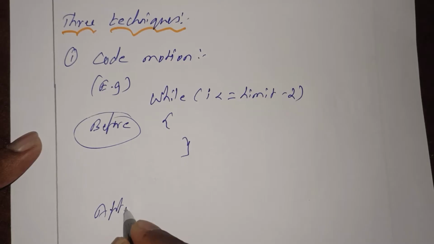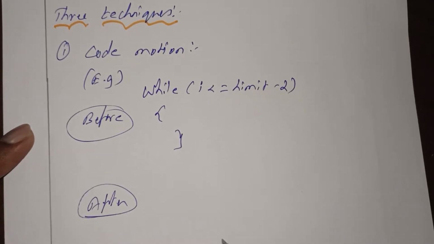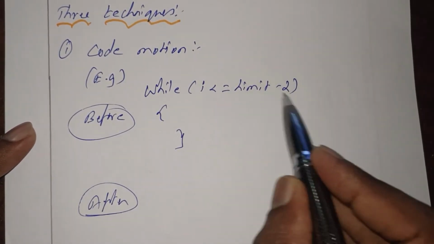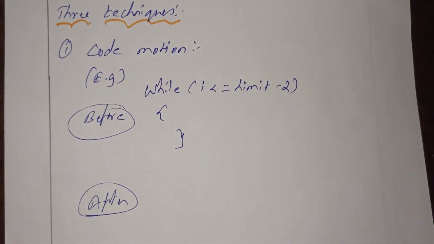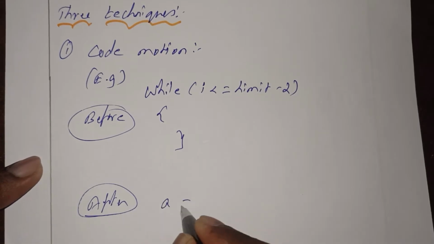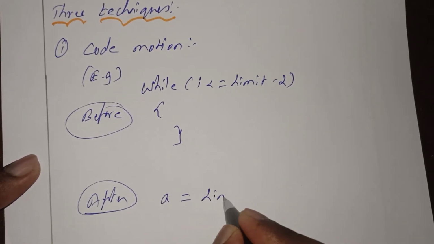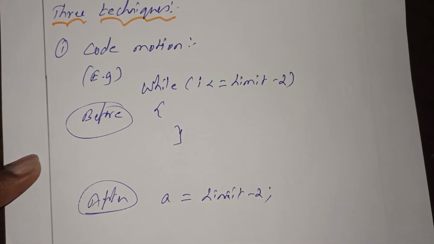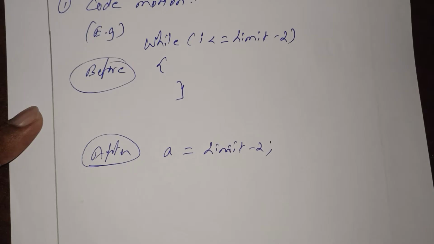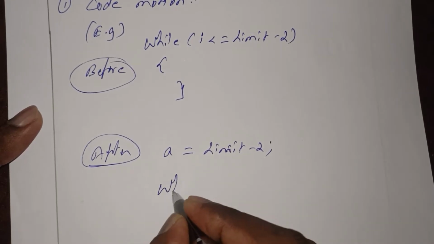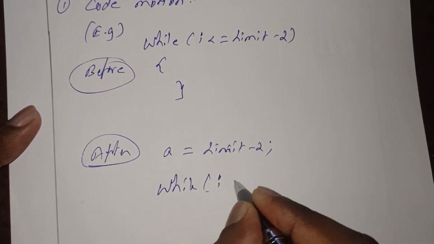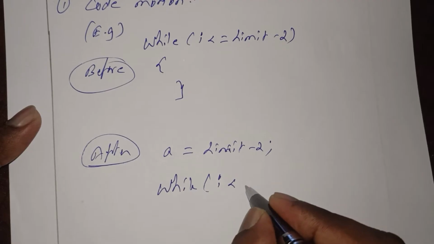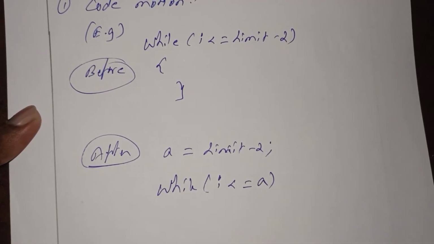Now I am going to write the after code. You know well what to do. Basically, I am going to move some process here which takes execution time, that is, instead of being computed at runtime, it can be moved out. Say for example, a is equal to limit minus 2; I am moving only the value limit minus 2 out of the loop. Now you have the condition while i is less than or equal to a, and the process is over.